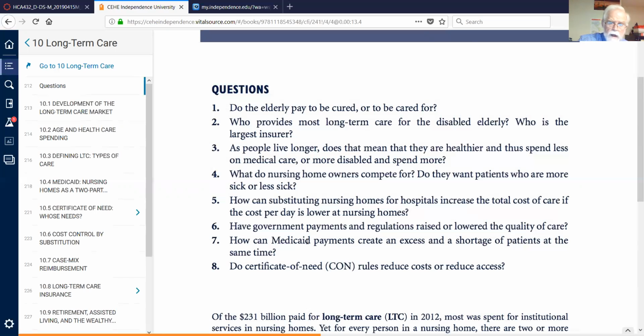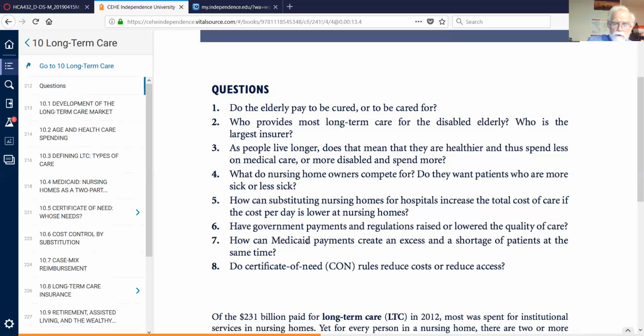However, so many people have long-term chronic diseases: arthritis, Alzheimer's, diabetes, kidney disease. The longer people live, the more chronic diseases they are likely to develop. So the answer to that question is complex.